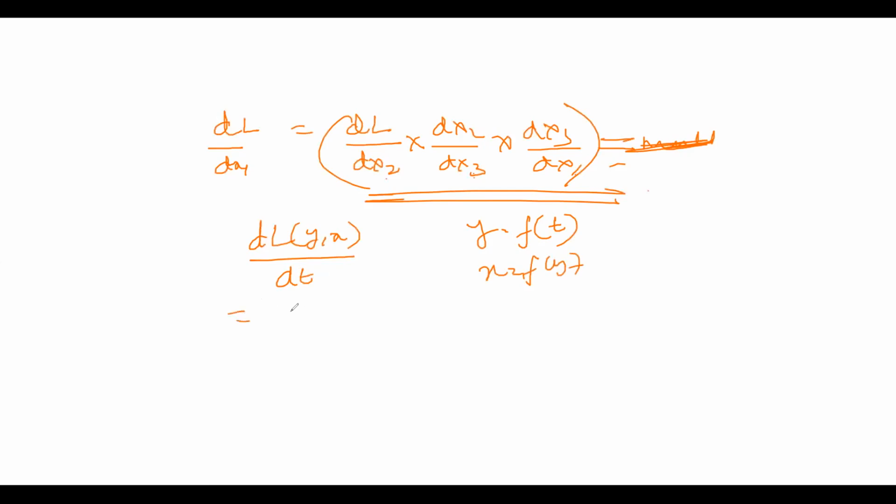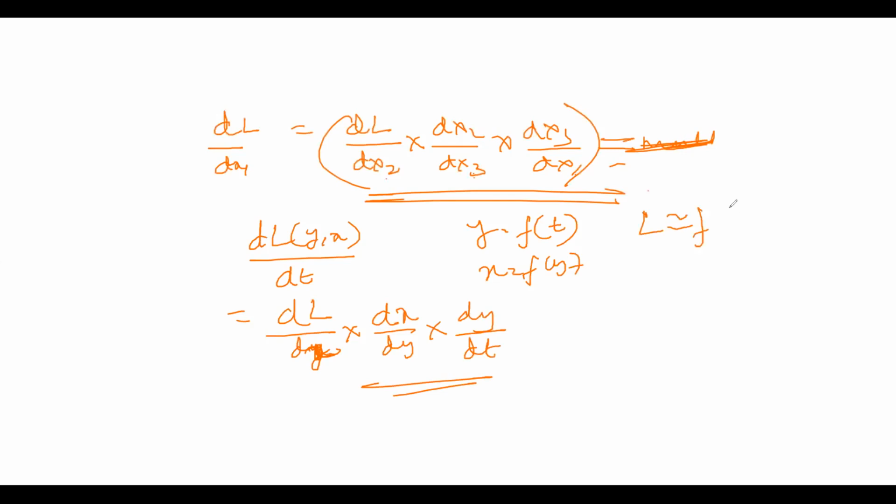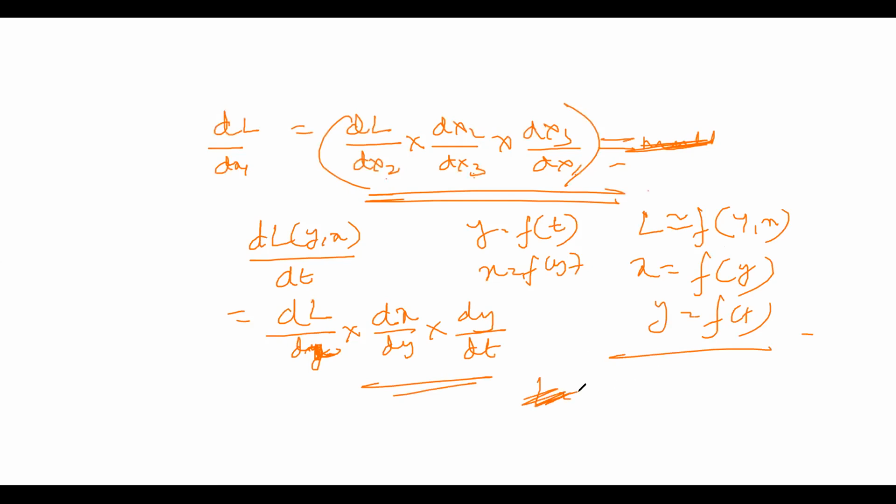So I want to say dL/dy into dy/dx and dx/dy into dy/dt. So L is a function of y and x, and x is a function of y, and y is a function of t. For example, let's say L is equal to something.